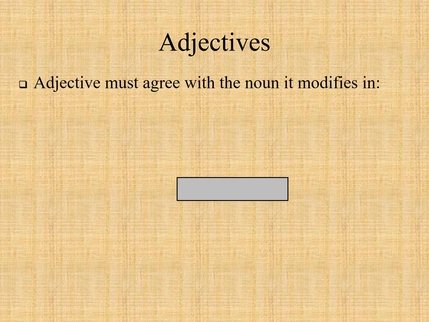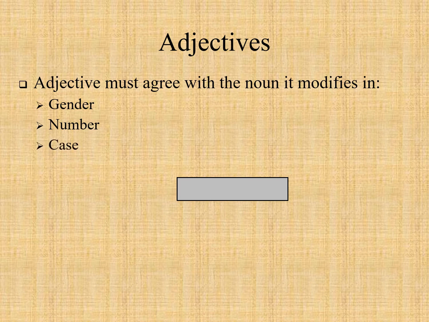Now the important part of adjectives is that an adjective must agree with the noun it modifies. In gender, if you have a good boy, the good must be masculine and singular, as the boy is masculine and singular. It has to agree in number, singular or plural, and also in case.